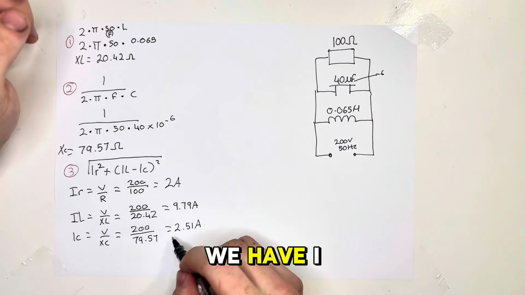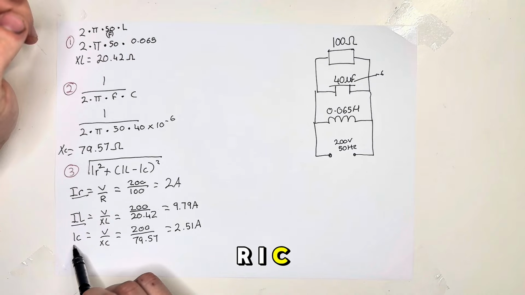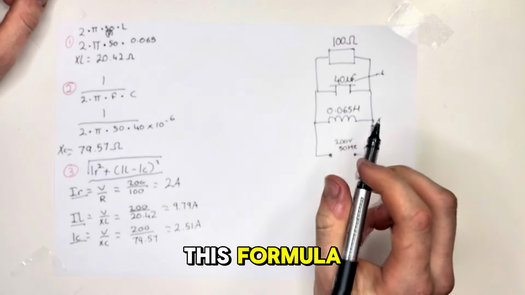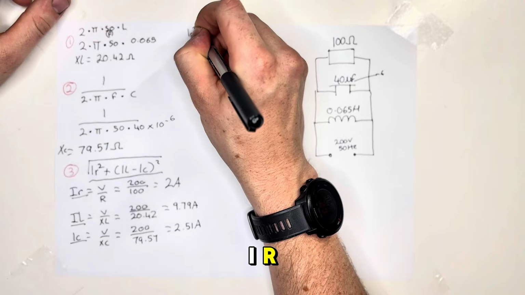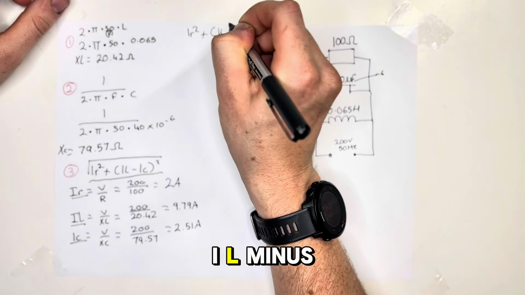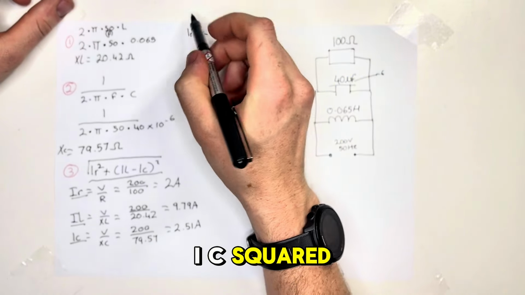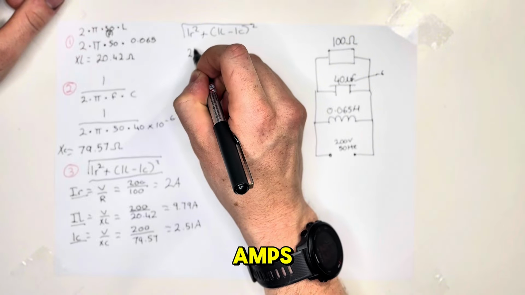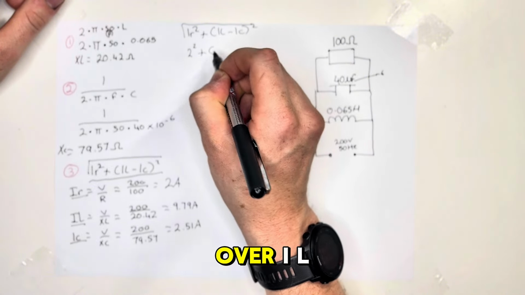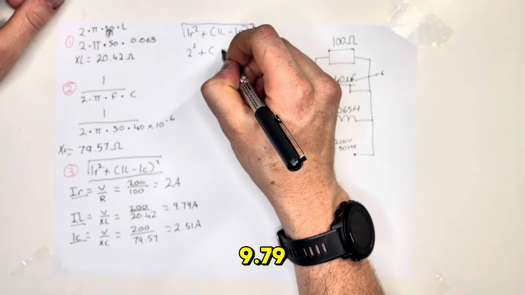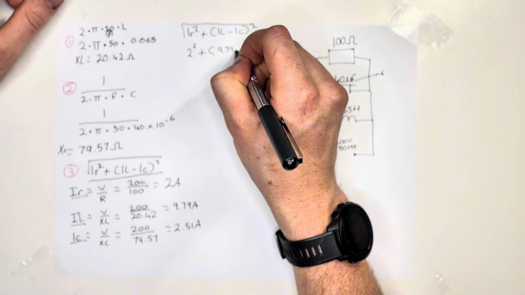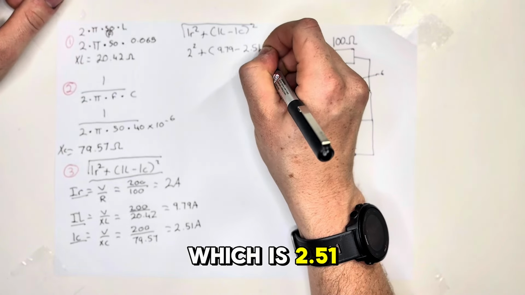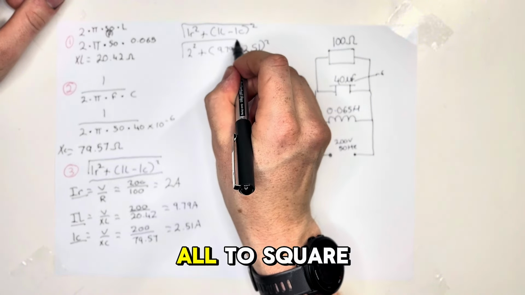So now that we have IR, IL, and IC, we just fill in this formula: the square root of IR squared plus IL minus IC, squared. So IR, which is 2 amps, squared, plus IL, 9.79, minus IC, which is 2.51, squared, all to the square root.